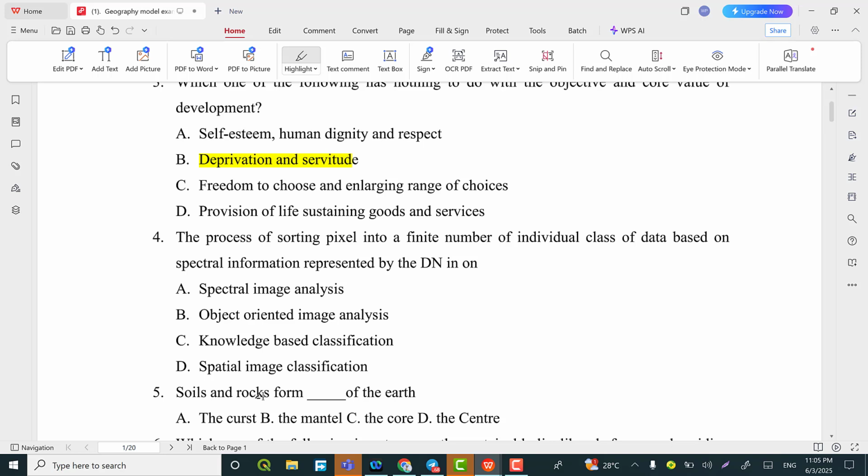C. Knowledge-based classification. D. Spatial image classification. The question is mainly focused on the digital number, which is the brightness value of any pixel. So the answer is spectral image analysis. Then the answer is A.